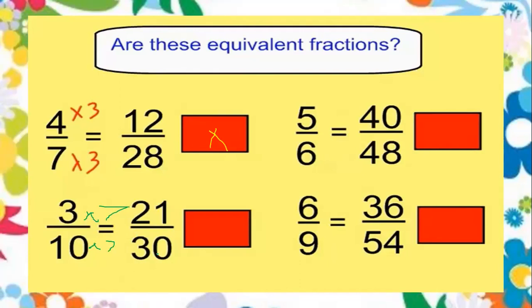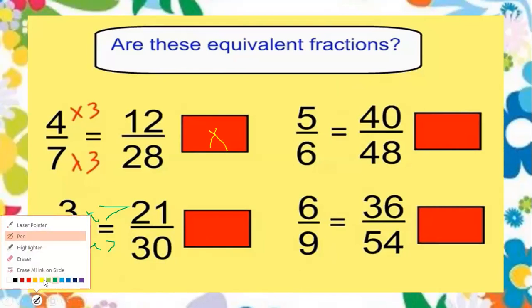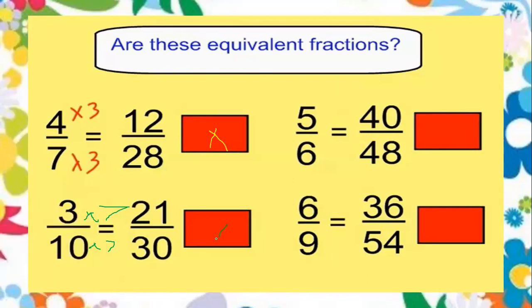But here it is written 30. So is it an equivalent fraction? Tell me in the chat box. Is it an equivalent fraction or no? Yes, it is not an equivalent fraction because when we multiply to get the equivalent fraction, the numerator should be equal to the denominator. So here it is not equal. These are not equivalent fractions.